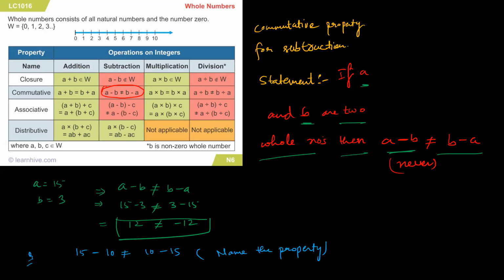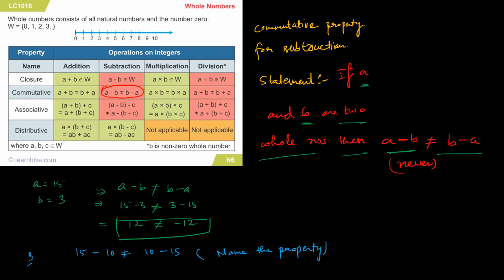What is the name of the property now? Commutative property for subtraction.